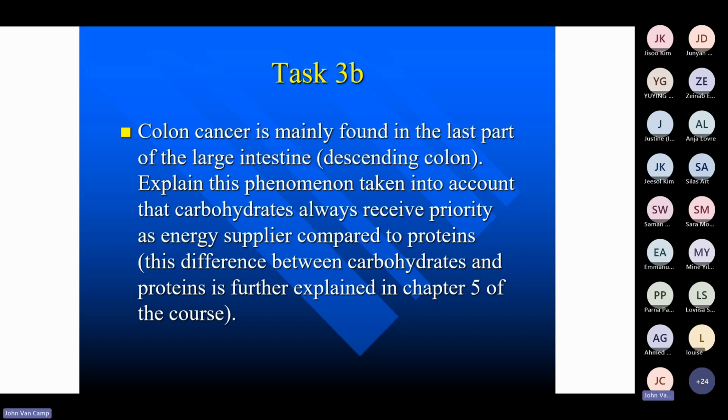Explain this phenomenon, taking into account that carbohydrates always receive priority as energy supplier compared to proteins. The metabolic reason for that difference between carbohydrates and proteins will be explained further in chapter 5 of the course notes. So you might already check there if you want to know better some basic mechanisms by which carbohydrates and proteins interact during energy metabolism.